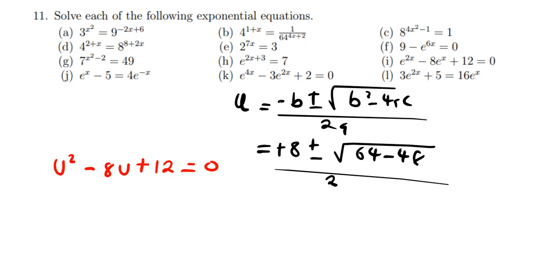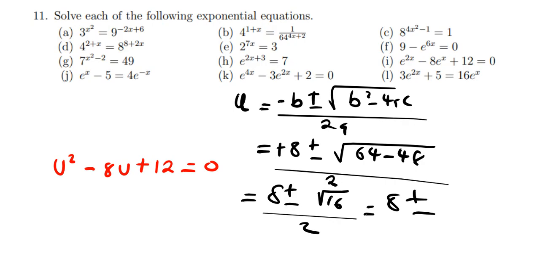Now that we've got that, I've got 8 positive or minus the square root of 64 − 48, which is 16, everything over 2. The square root of 16 is 4. Therefore I've got 8 positive or minus 4, over 2.